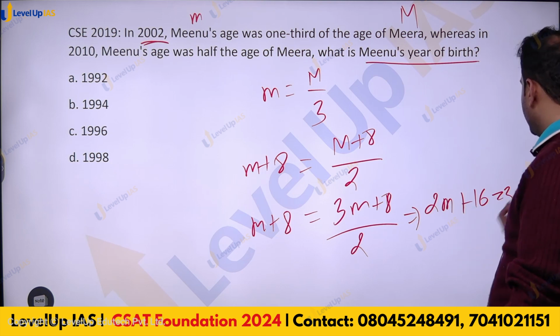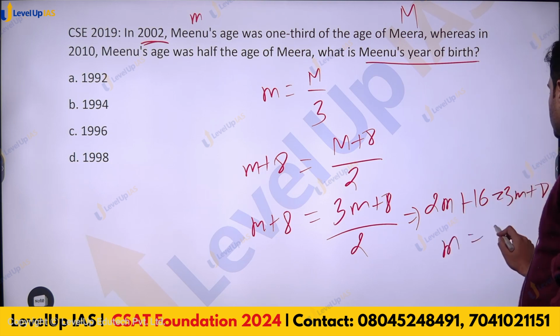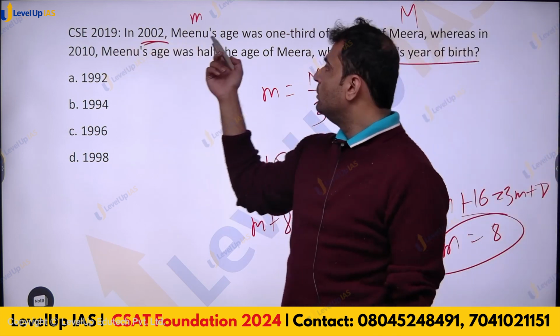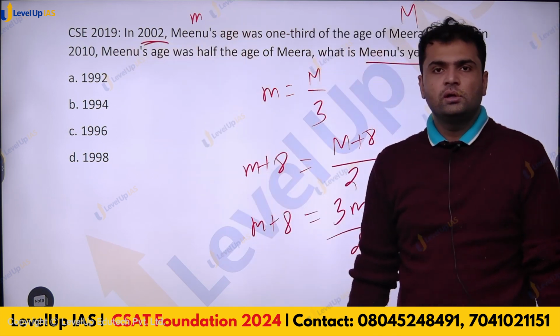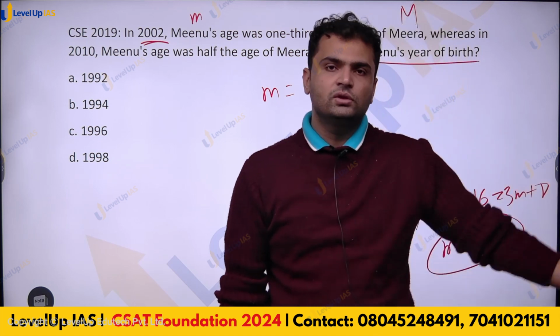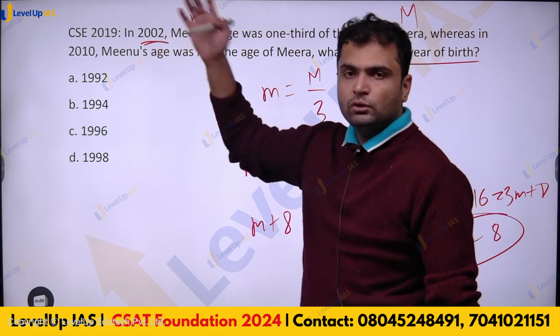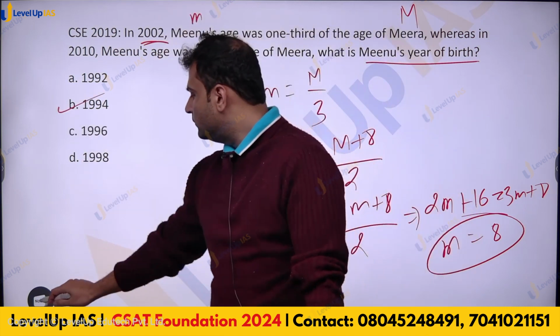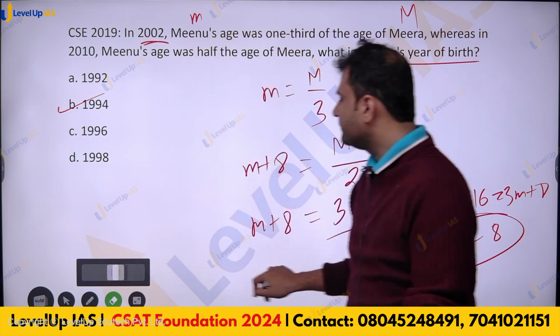So 3m minus 2m is m, 16 minus 8 is 8. So small m is 8. So in 2002, Meenu was 8 years old. So of course she was born 8 years before that. So 2002 minus 8 means she was born in 1994, which is the answer to this question.